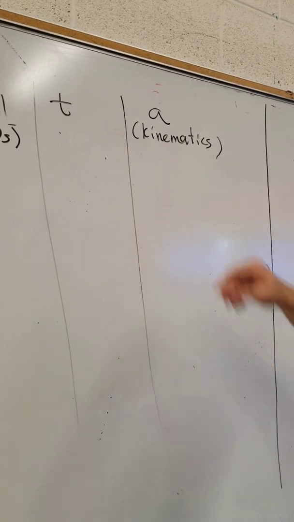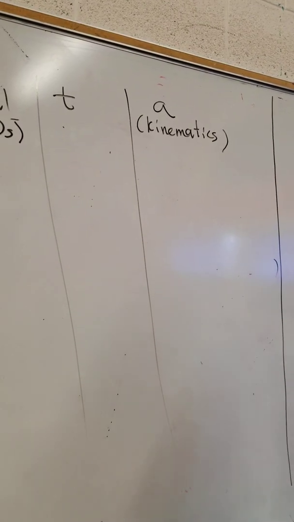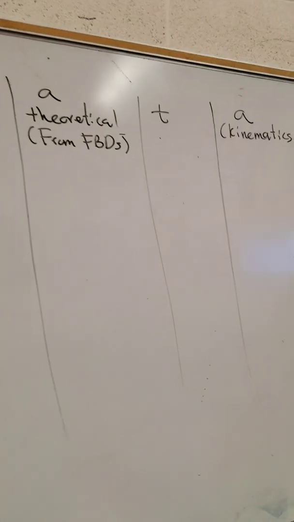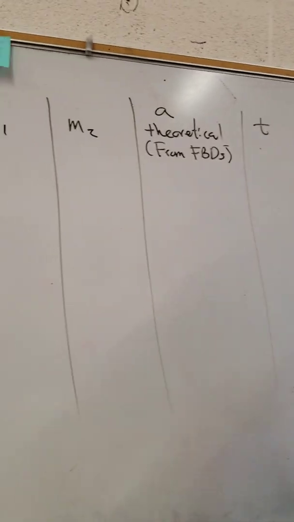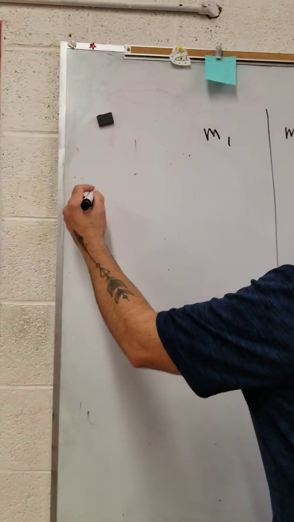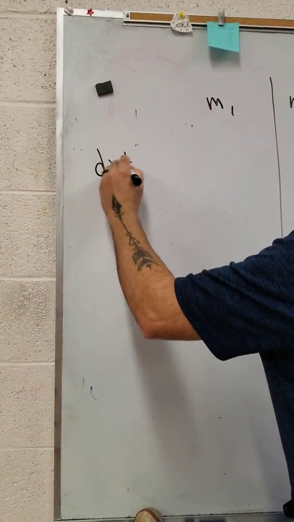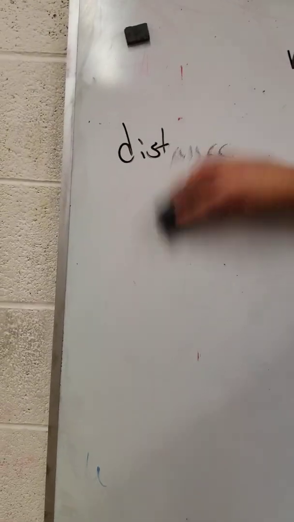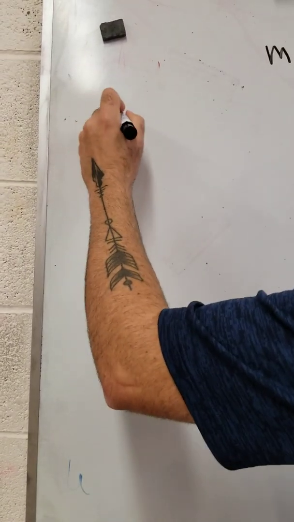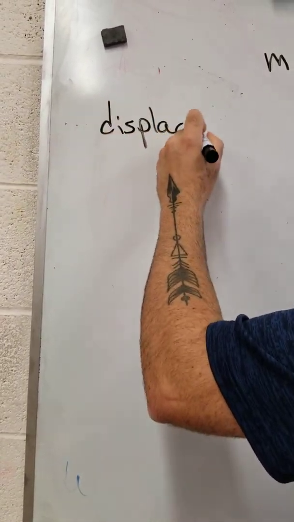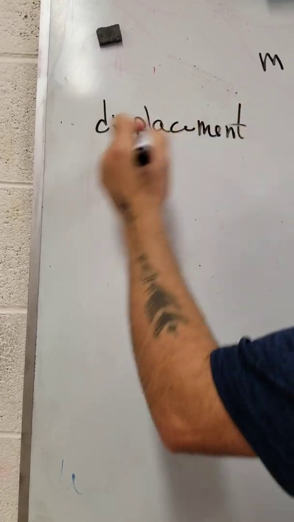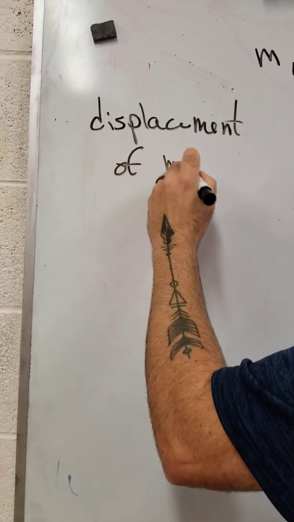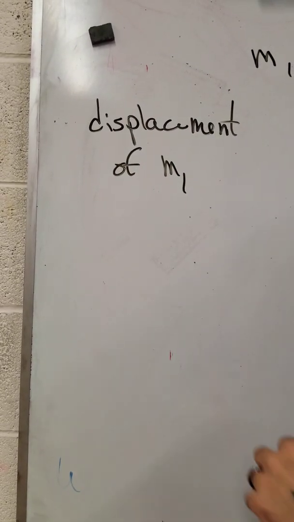We do need one other piece of information that I'm going to put up on the board, over here on the side. The displacement of M1 is going to be the same for every trial.